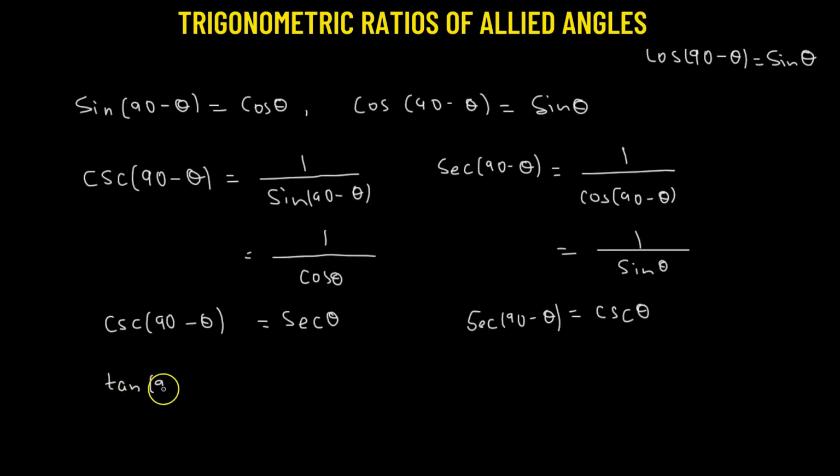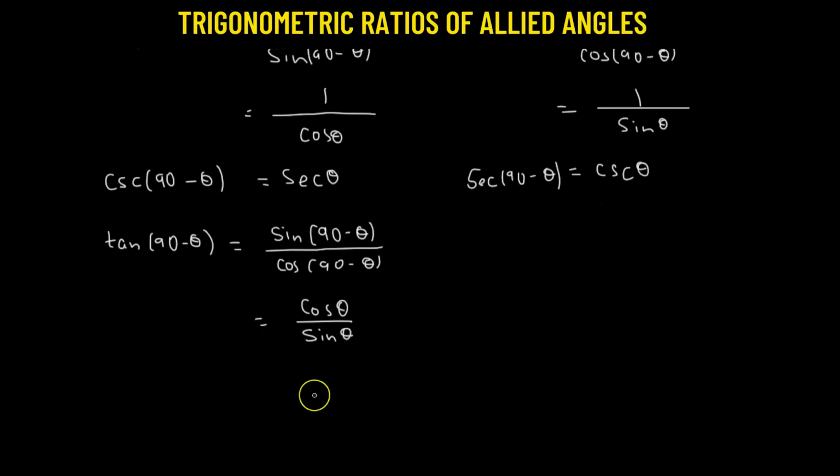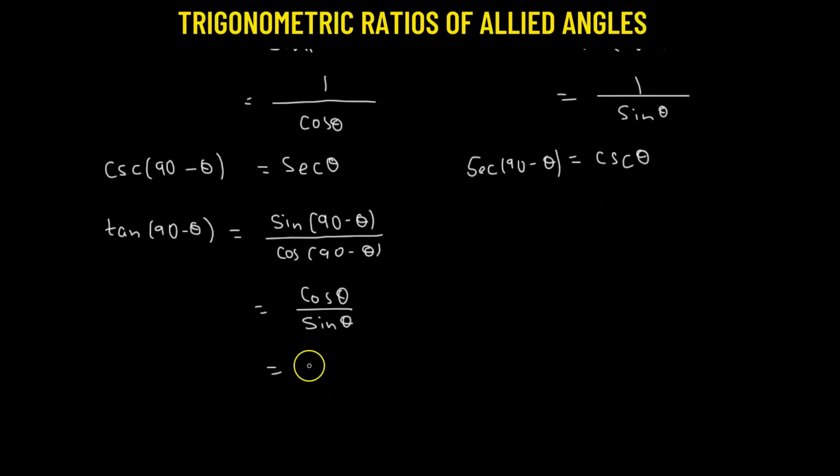Tangent of 90 minus theta is equal to the ratio sine over cosine. So we have sine of 90 minus theta divided by cosine of 90 minus theta. Sine 90 minus theta is cosine theta, so we have cosine theta over sine theta, which is the cotangent function. So tangent of 90 minus theta is cotangent of theta.